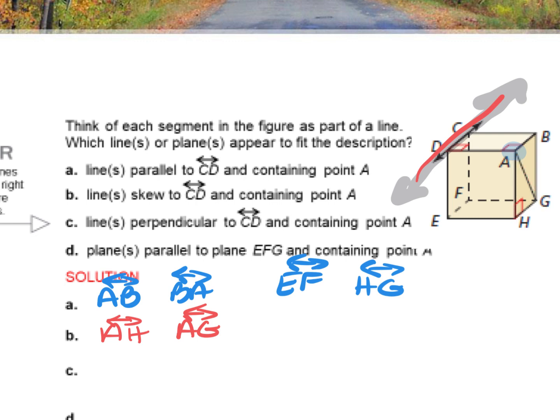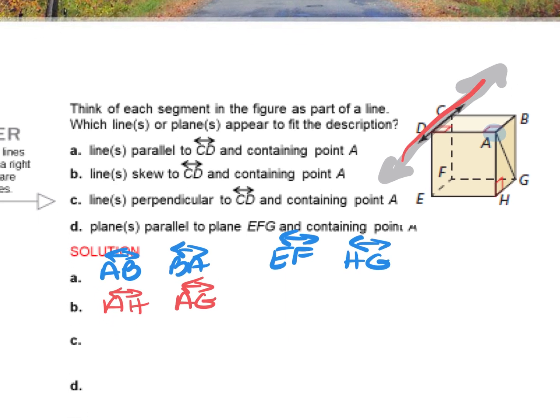All right, part C. Lines perpendicular to CD that include point A. There's only one. Which line would be perpendicular? AD. Good. Now, can someone find another perpendicular, not necessarily going through point A?